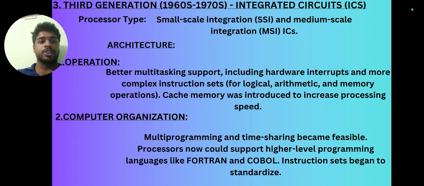Cache memory was introduced to increase processor speed. Computer organization: multiprogramming and time sharing became feasible. Processors could now support high level programming languages like FORTRAN and COBOL. Instruction sets began to standardize.